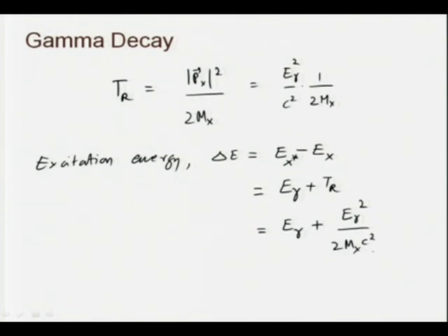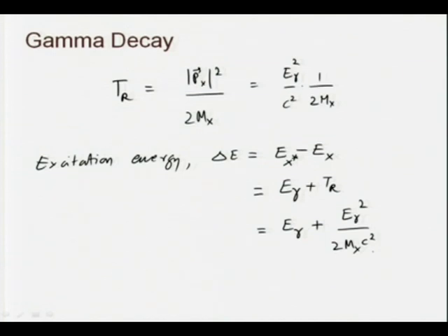So, delta E, the difference between the excited state energy and the lower state into which the nucleus decays, is not entirely available to the photon which is emitted, because x can have a small recoil. It should have a small recoil, however small it is, because of the momentum conservation. So, the total energy available for the photon is slightly less than the excitation energy.